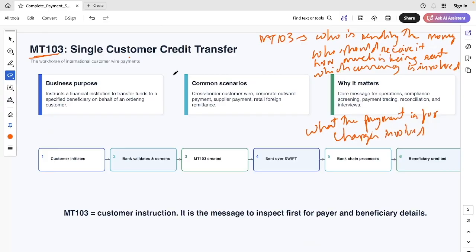So basically, within MT103, this is the information that is there. Think of it like a formal payment instruction letter between banks, but in a structured format.